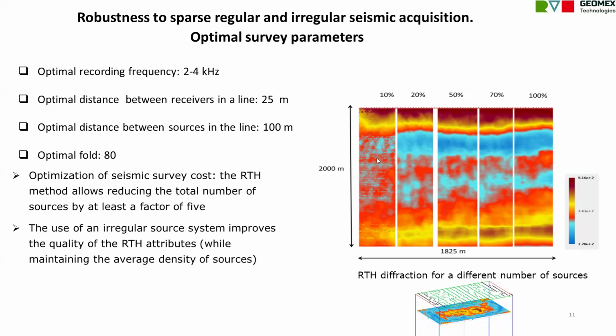This is 20, and this is 10%. So it seems that for this estimation, because it's a stochastic estimation of multidimensional scattering, 50 percent of the number of sources is enough because the correctness is very similar.